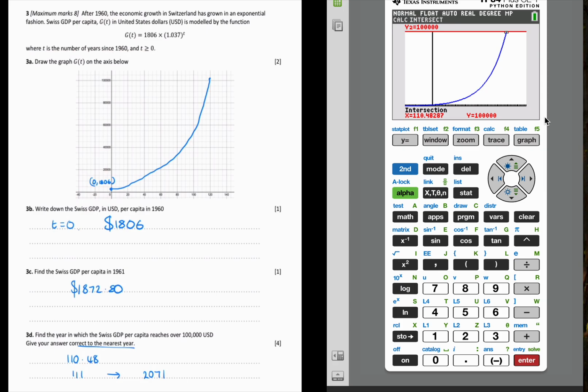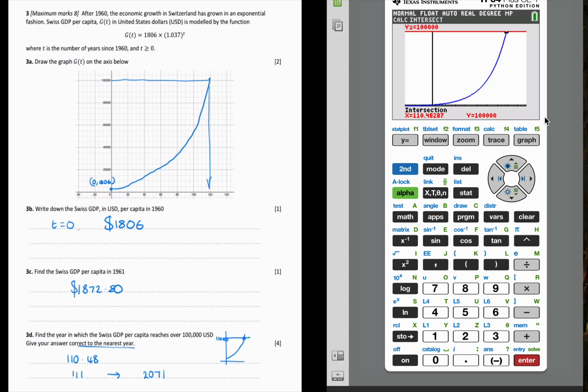Now, in terms of our working out, you could show that either by drawing this, which is at 100,000, and then showing that intersection. Or you could draw it on here and you could show that you have tried to find that value.